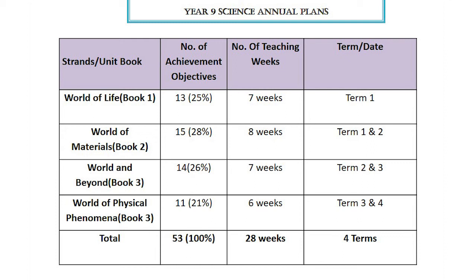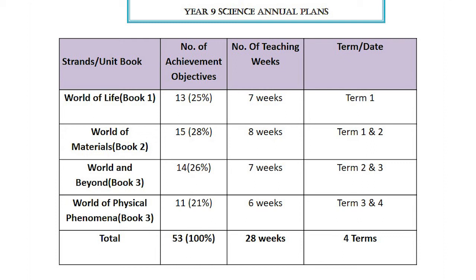Because your plan is in advance, and there are 10 weeks, you can spend 7 weeks to teach the first strand, and then the first part of the second strand in the first term.